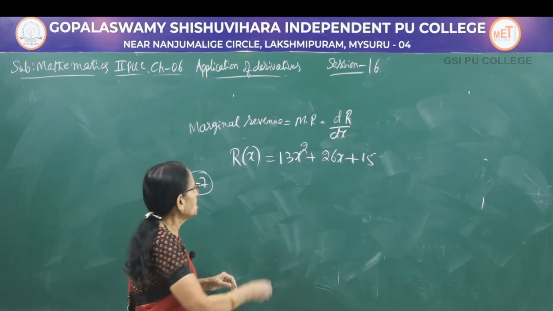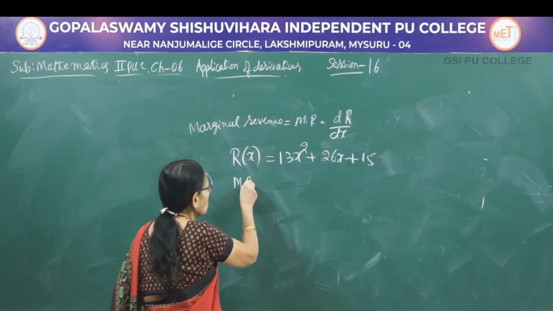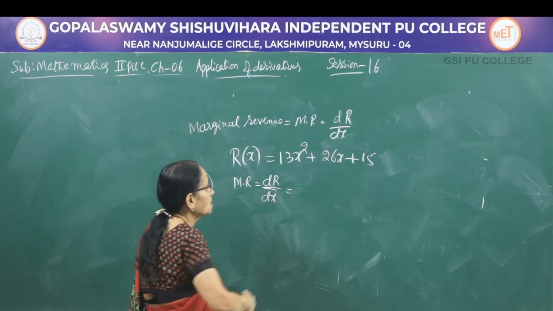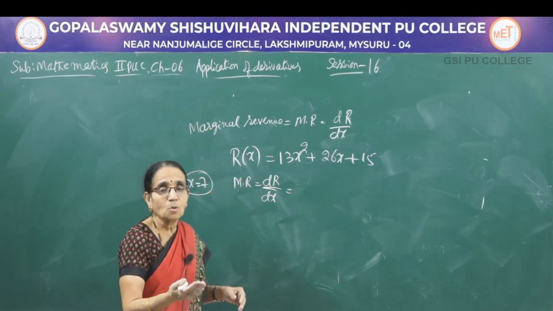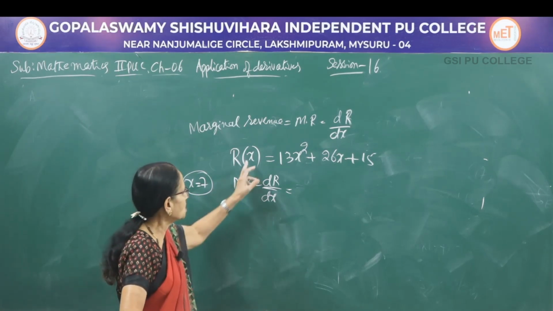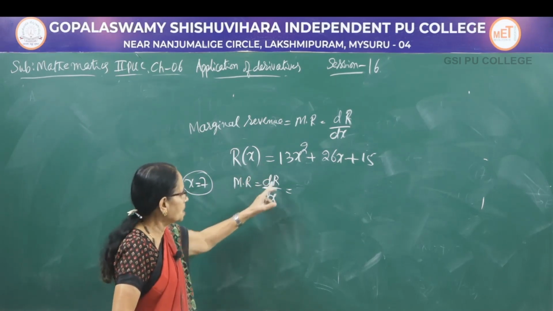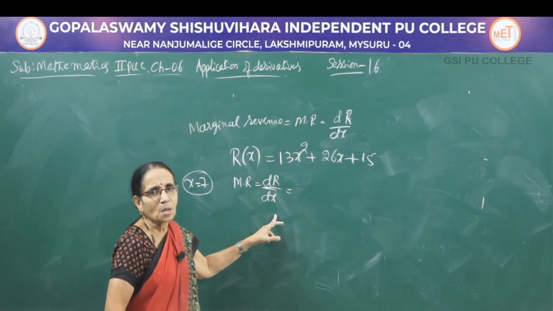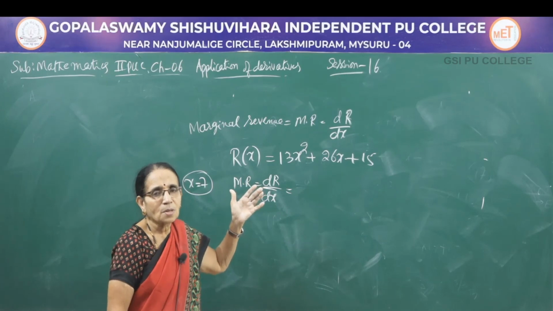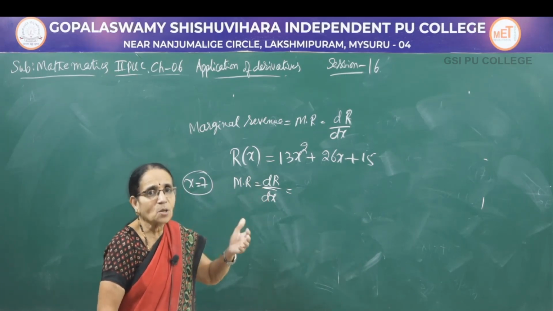So here the marginal revenue is nothing but dR by dx. x is a variable here. If you sell more of that, you get more income. If you sell less, you get less income, isn't it? So it depends upon x. It is the rate of change of the revenue with respect to the number of units sold. dC by dx is the rate of change of the cost with respect to the number of units manufactured.